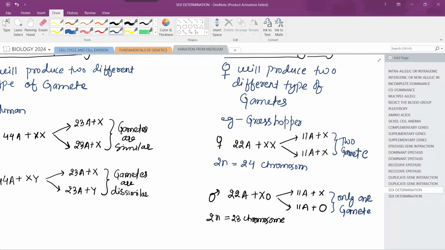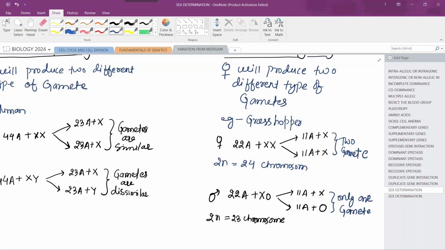But the female will produce two gametes of similar type. That's why we cannot say that male is heterogamete, because male is producing only one type of gamete. That's why, for the sake of convenience, we say that in case of grasshopper, female is heterogamete because it produces two gametes, but two gametes of similar types.